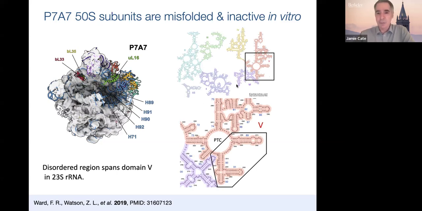It kind of looks like an airport terminal with little things coming off. This is how the RNA looks when it makes base pairs, and then this folds up into 3 dimensions to fit inside the large subunit. And it's this region here, near where the peptidyltransferase center is, that's not very well assembled here in this P7A7 ribosome.